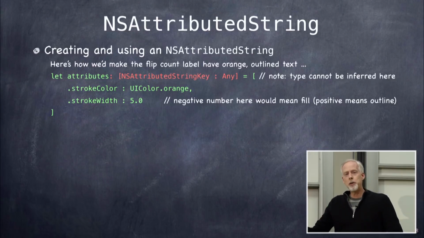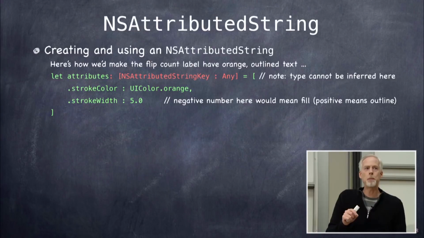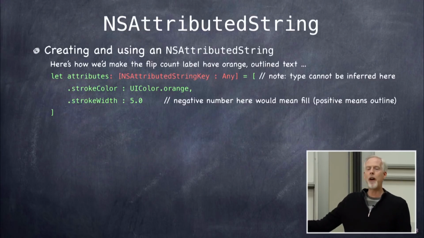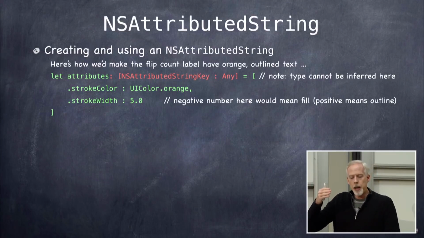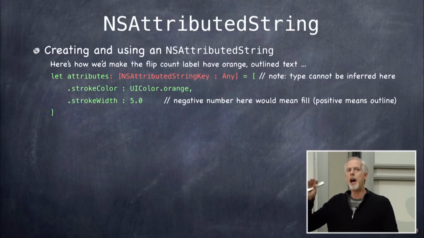So when you're declaring those attributes, the little dictionary that goes on each character, you have to give it an explicit type. You cannot let the type be inferred, because those values could be fonts, colors, whatever, so Swift can't infer what the value of the dictionary is. So the type you're going to use here is: keys are NS attributed string key, and you can look that up in the documentation to see what the choices are. It's things like font, underline, strikethrough, all the things you would think could be.